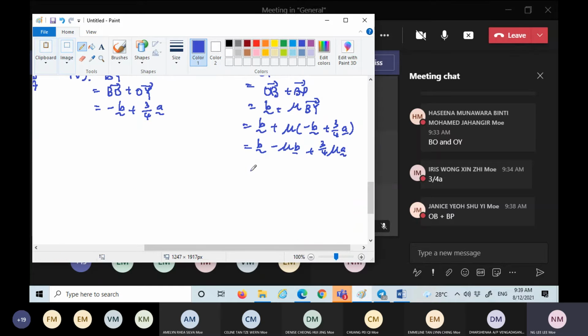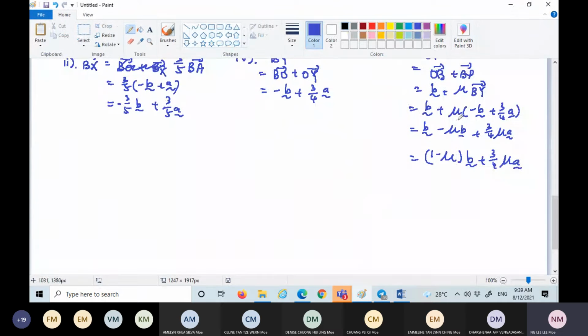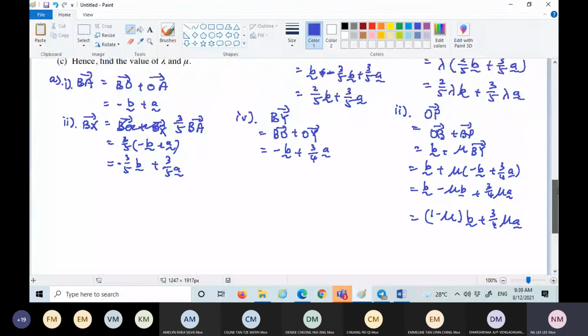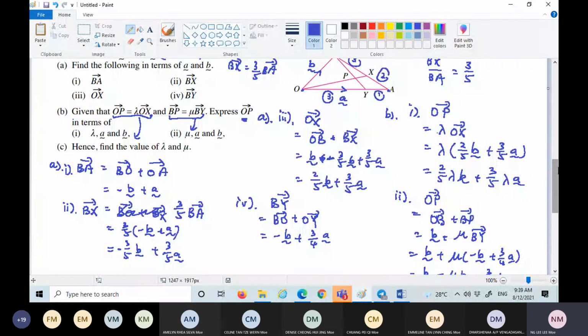Combine the B, so 1 minus mu for the B, and then this is for the A. So I have done part B. Part C, hence find the value of lambda and mu.